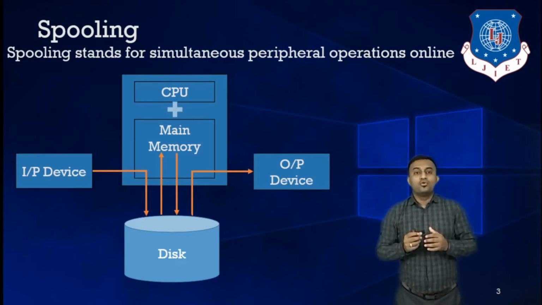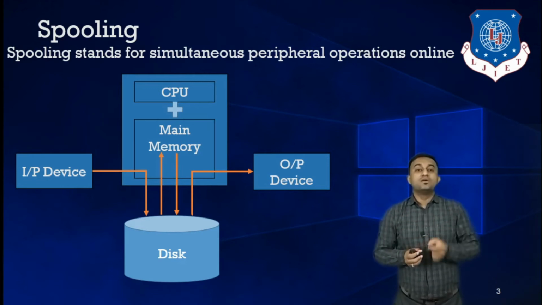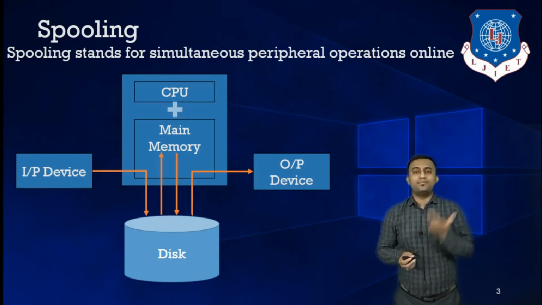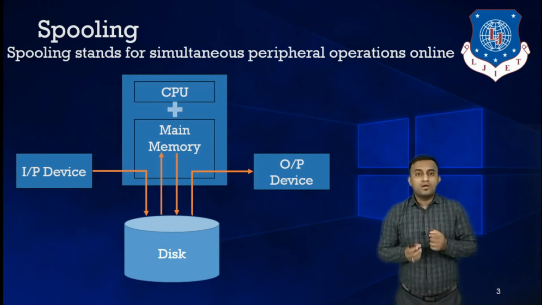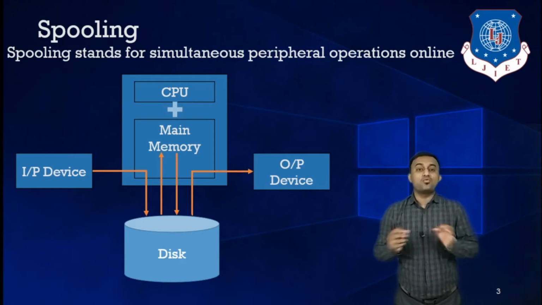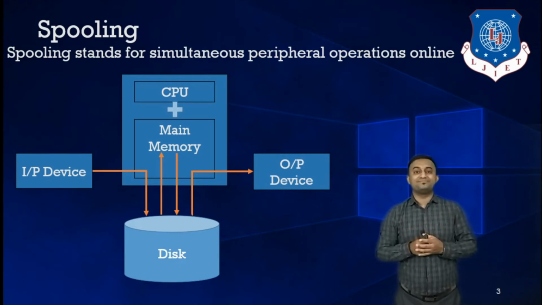That was the scenario of batch operating system, and that is the reason why it is very slow and CPU utilization is very poor, because the CPU requires very little time to execute any task, but the IO devices require more time to provide the input and produce the output.